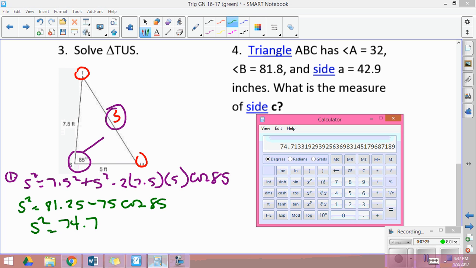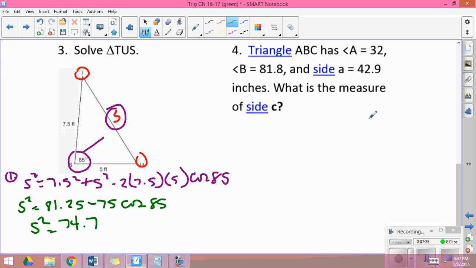But for the sake of not introducing rounding errors, I go back, I say square root, and I find out that S is 8.6. And I try to wait to round until the very, very end.